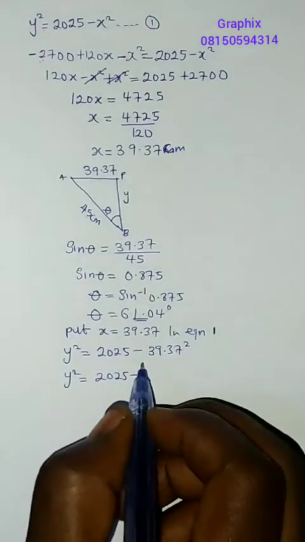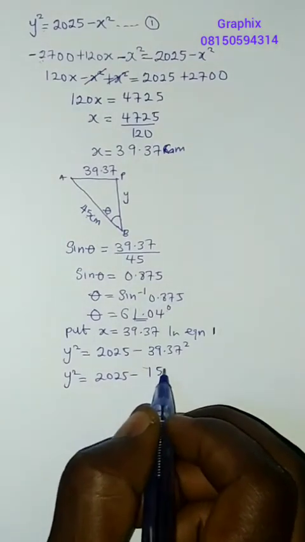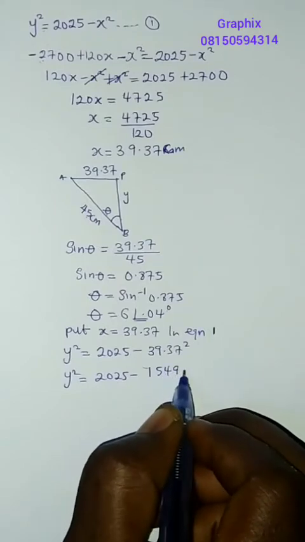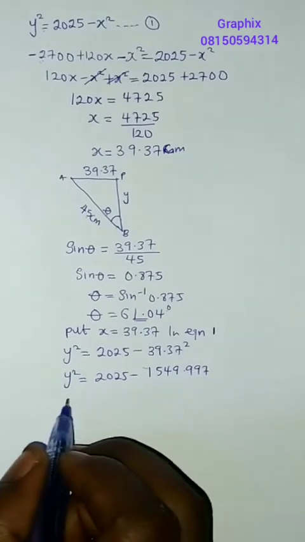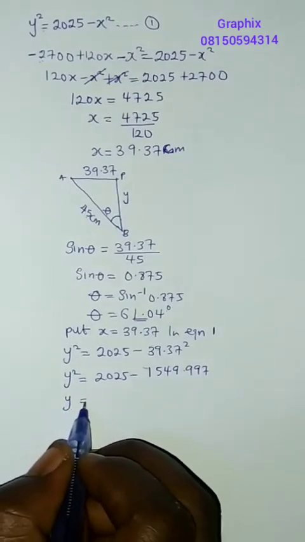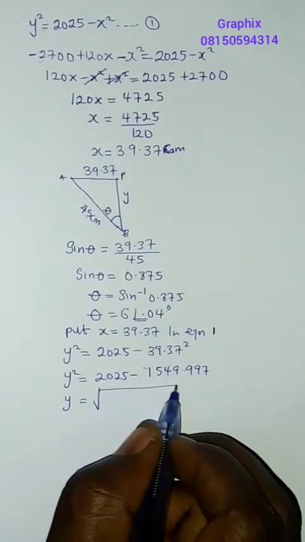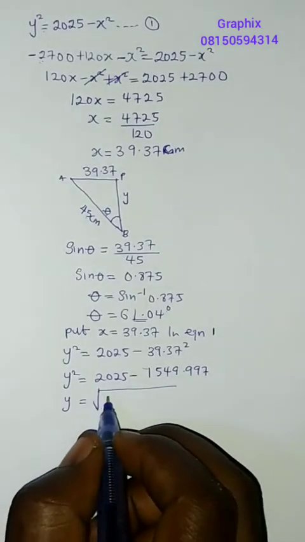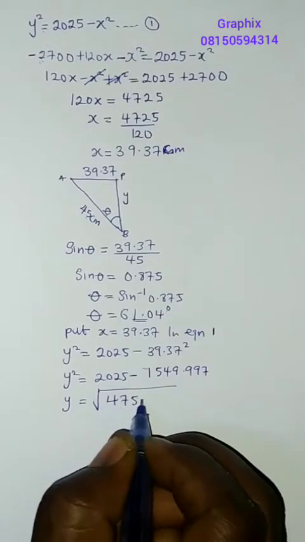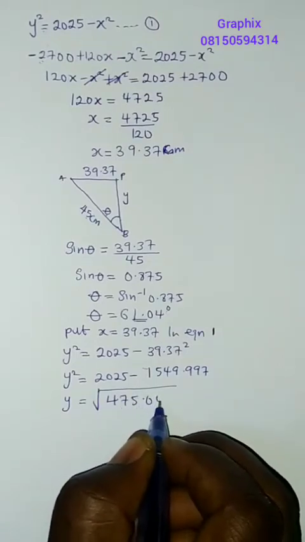We have 1549.997. So my y will now give me the square root of 2025 minus that, so we have 475.00.